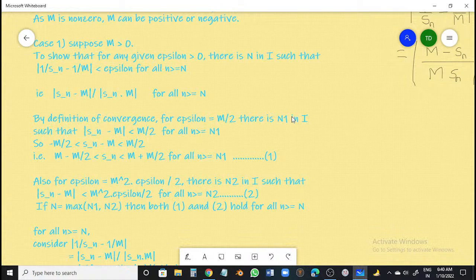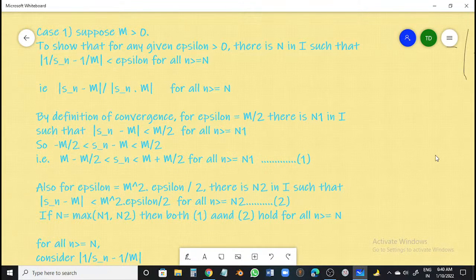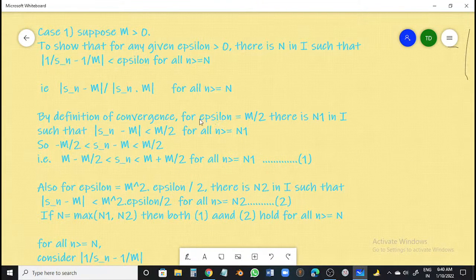After crossing that natural number, all the terms will go close to this m. This is what we mean by this particular statement. So in this case, let us take this epsilon to be m by 2. We can handle any epsilon. So let us, for the time being, call this particular epsilon m by 2, half the m.